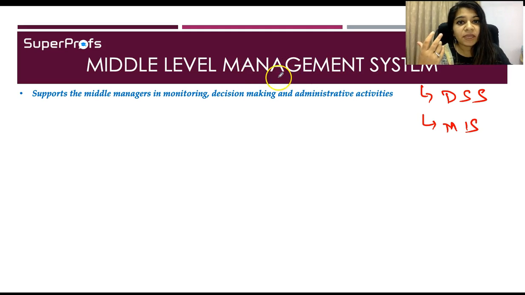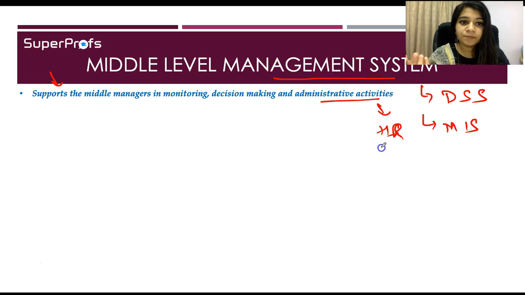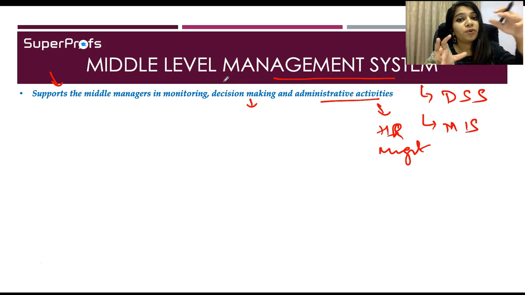It supports the middle managers for monitoring, decision making and administrative activities. Administrative activities, I told you, are for HR and asset management. For decision making, based on the previous data they can take important decisions, such as how many resources to allocate to which particular function, or which product to market more. And monitoring is who is logging in when and all that stuff.